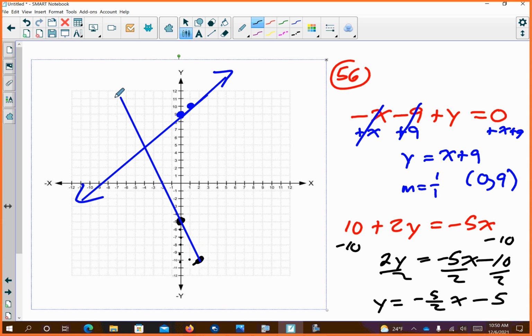All right. Now, it's asking for y. So notice we have an ordered pair. This ordered pair appears to be negative 4, 4. So what is the y value in that point?